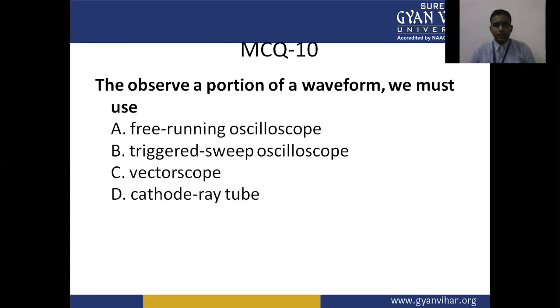Then we have the tenth multiple choice question, the last question: to observe a portion of the waveform, we must use A, free running oscilloscope; B, triggered sweep oscilloscope; C, vectorscope; D, cathode ray tube.